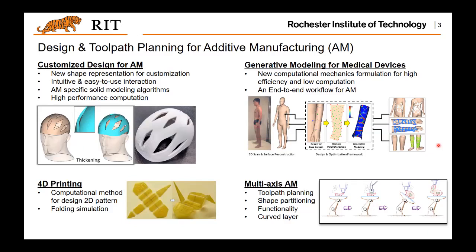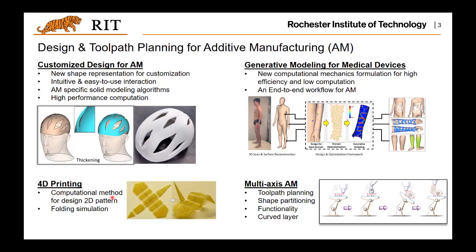So how to optimize the performance versus the weight is very critical. And generative modeling, again, can help for such applications. My job is to provide a tool with generative modeling capability for designers to design their products.